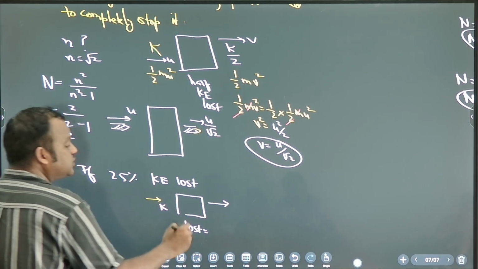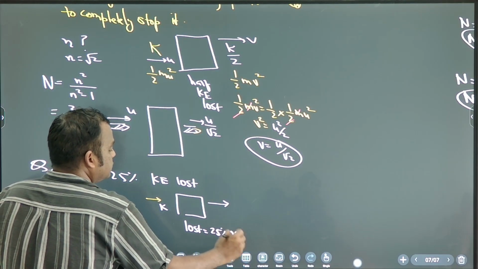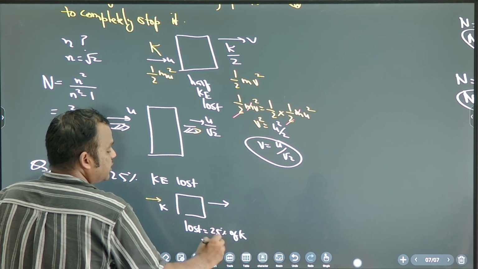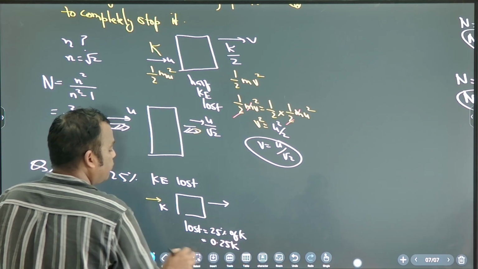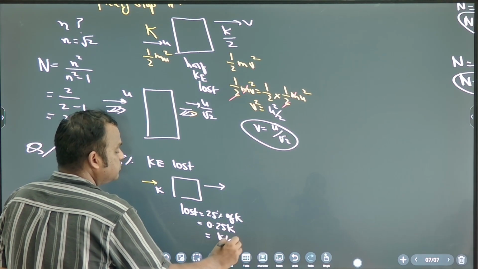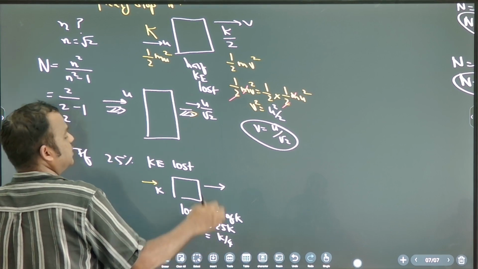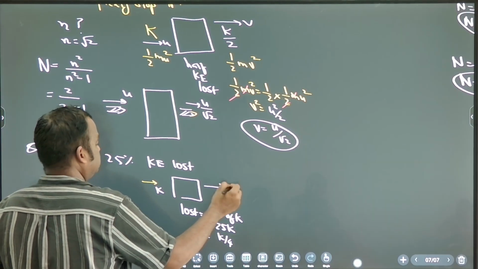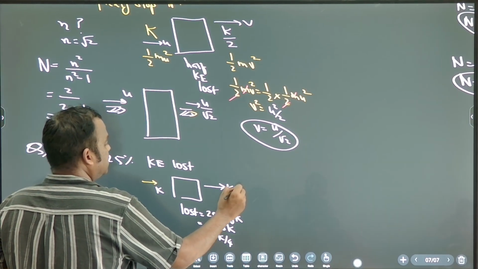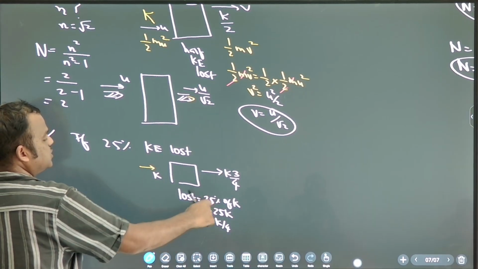What is 25% of K? 0.25K. How much? K by 4, correct? Are you getting it or not? K by 4. So how much is left? 3K by 4.